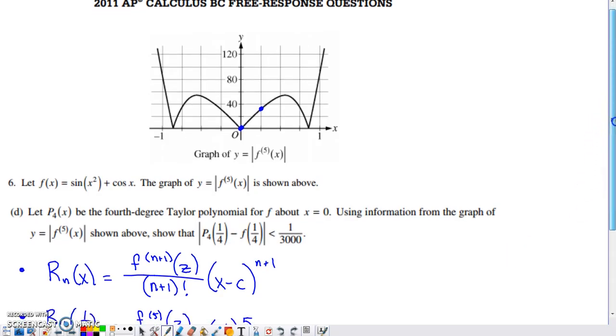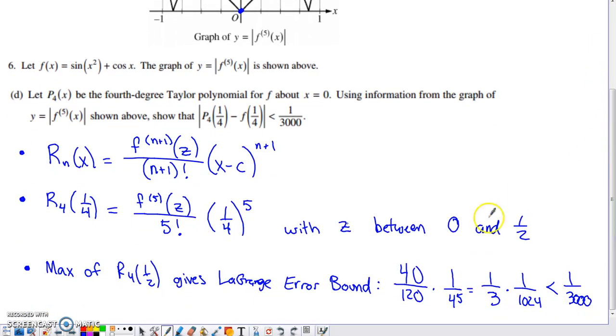If you think about what Taylor's remainder looks like, Taylor proved that there is an exact difference between the approximation and the function value we're trying to approximate that's made up by this expression right here.